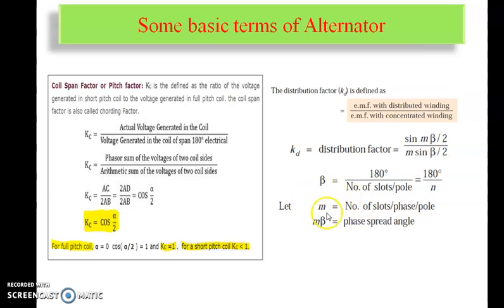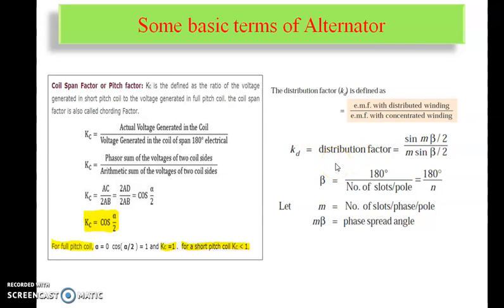So you should remember only these two formulas. Kc equals cos alpha by 2, where C indicates the coil span factor, while Kd indicates the distribution factor.